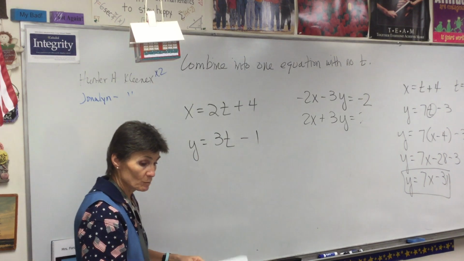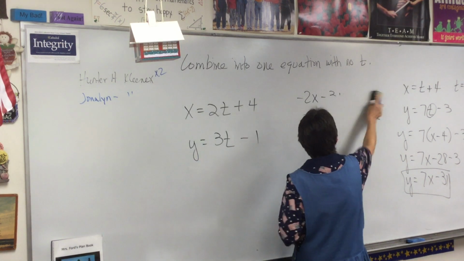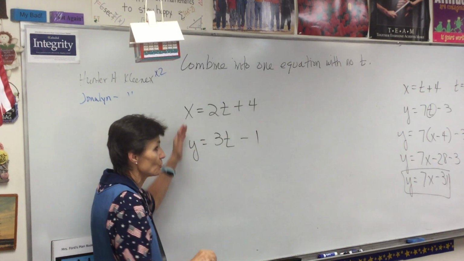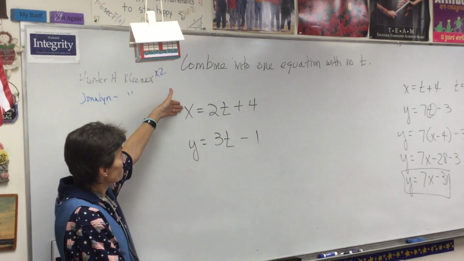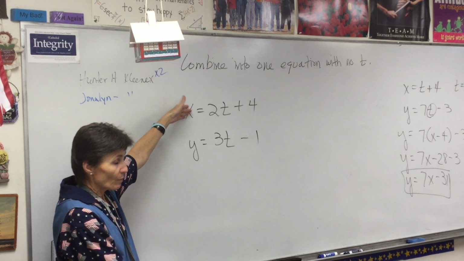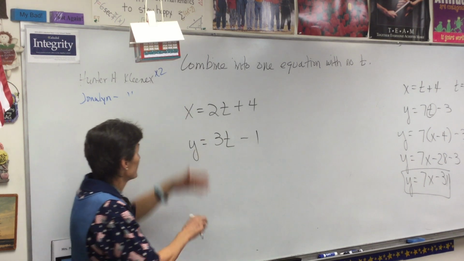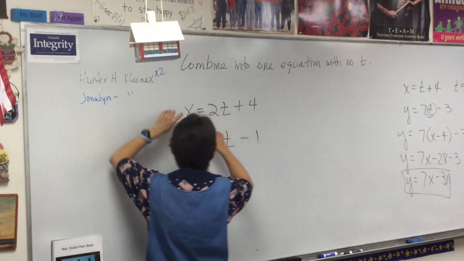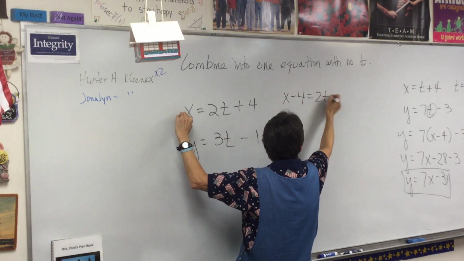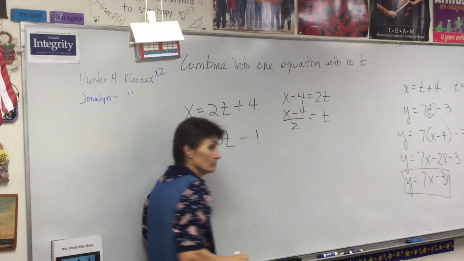I'm going to do this problem twice because I want to prove to you that it doesn't matter which letter or which equation you use. So if we decided to use the top one, we wanted to use the top one to get t by itself. Let's see, what would we have to do? Subtract 4 and then divide by 2.